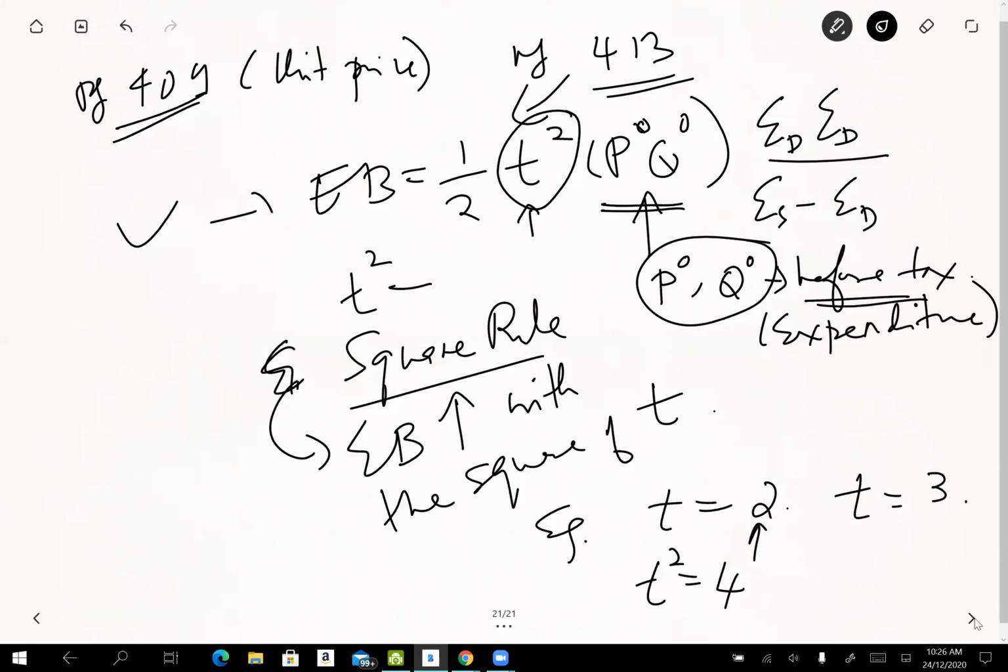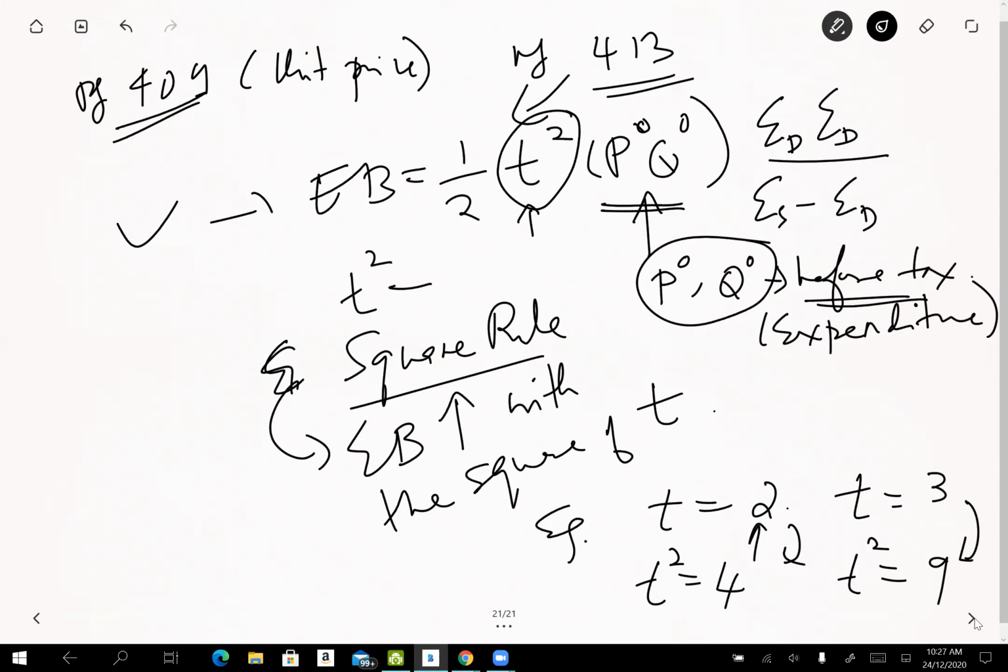Okay? So you will see the excess burden is also increased. It's not double, it increases by the square. If the T is 3, then what is T squared? T squared is 9. You see? So you will see the effect on the excess burden is not increasing simply with T. It increases much faster, because it is affected by what?